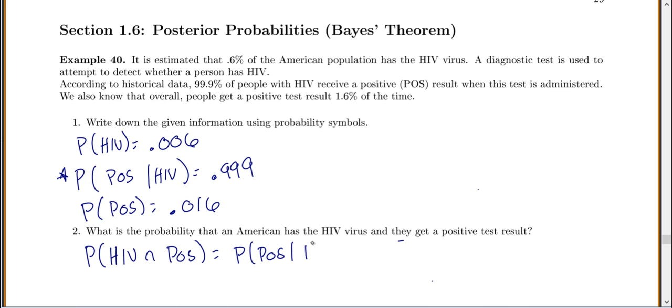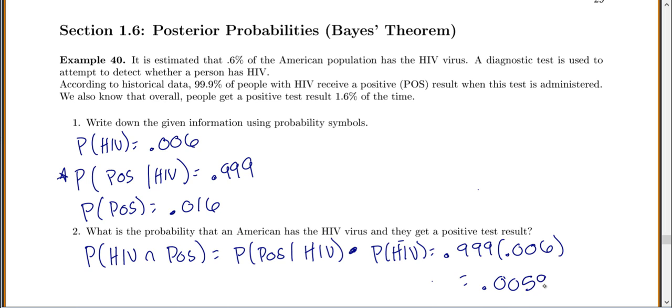So positive given HIV, times the probability of what was given, so HIV. So 0.999 times 0.006 gives me 0.005994.